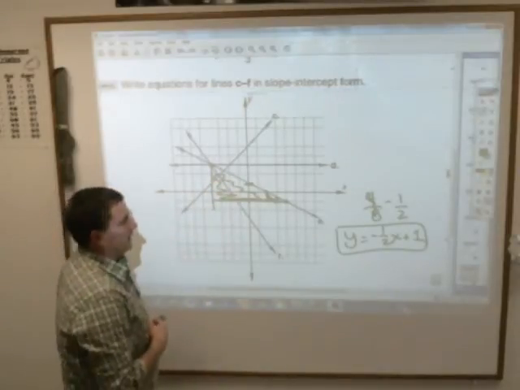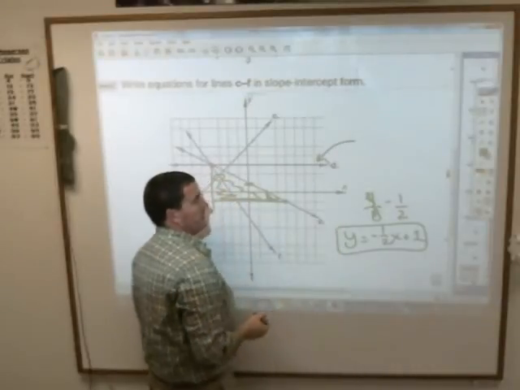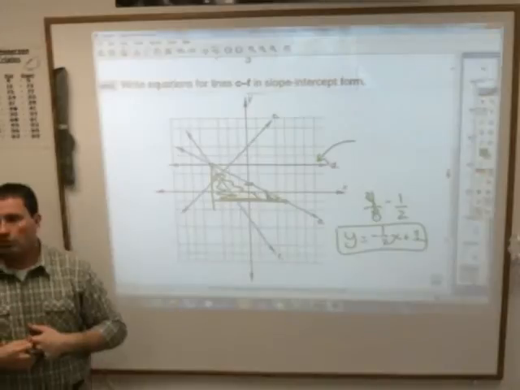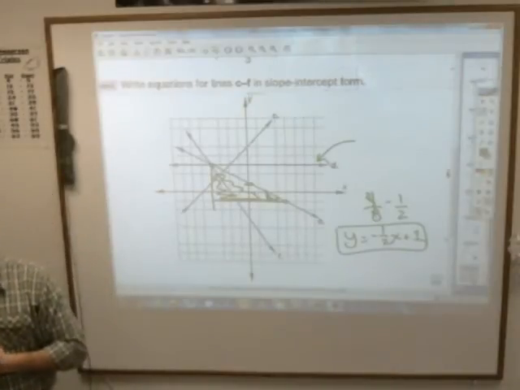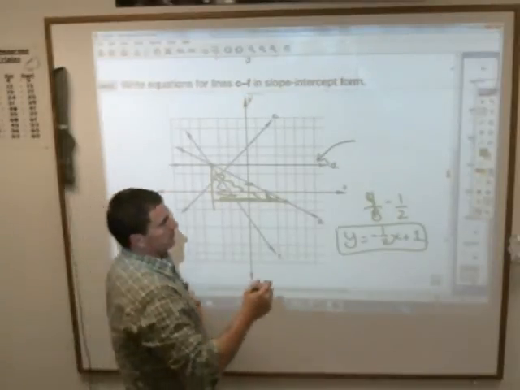Okay. By the way, ladies and gentlemen, something else to throw in there. Special cases on this, you have a horizontal line. Horizontal lines, I think we talked about this. Horizontal lines have 0 slope.